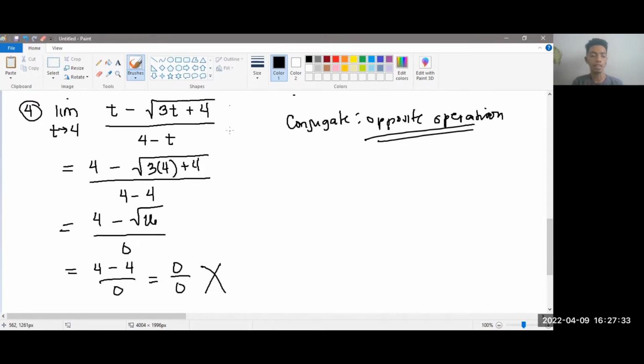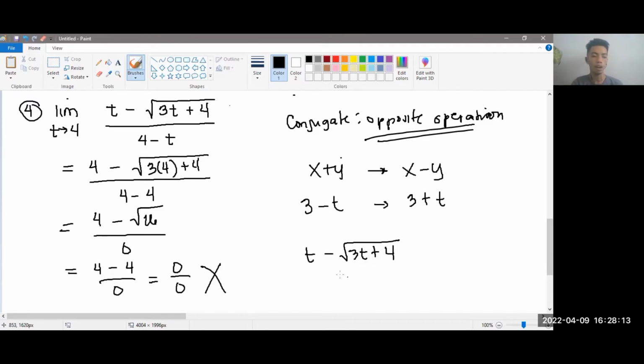So, ibig sabihin, iisipin natin kung anong conjugate ng terms na yon. So, pag sinabi natin conjugate, kung opposite operation siya, ang x plus y, ang conjugate niya will be x minus y. Ang 3 minus t, ang conjugate niya will be 3 plus t. Kabaligtarang operation. Ibig sabihin, aalamin natin ano ang conjugate ng t minus square root of 3t plus 4. So, alam natin, ang papalitan lang natin ay ang operation.